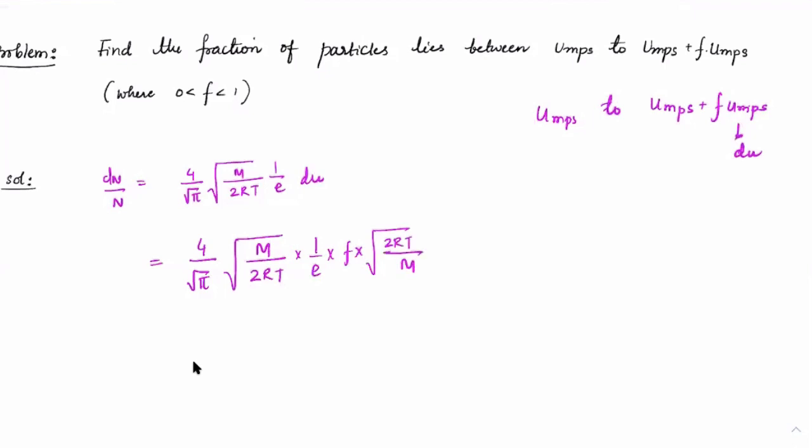Now if you observe this 2 RT by m and this m by 2 RT, everything will get cancelled here. So we are left with only 4 by root pi into f by e.